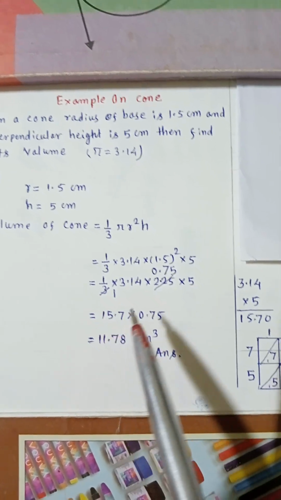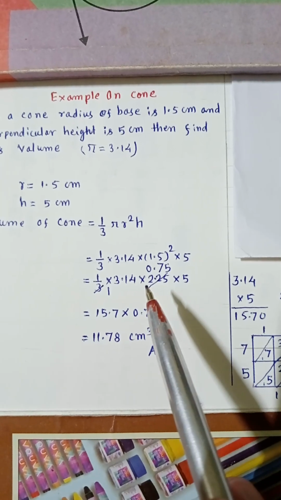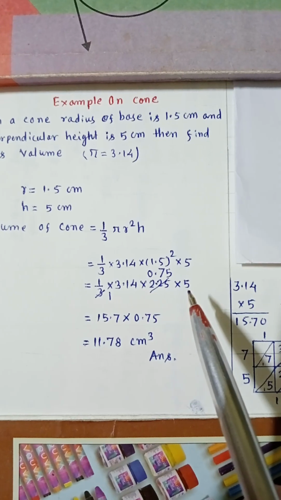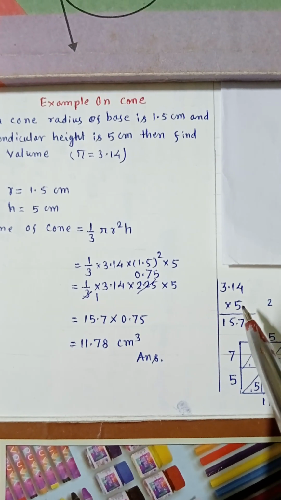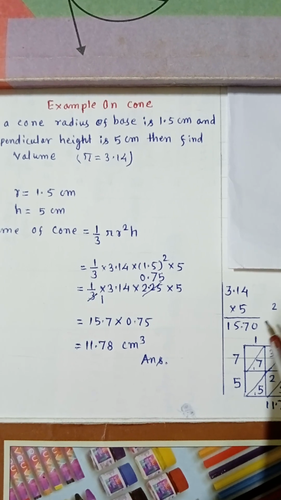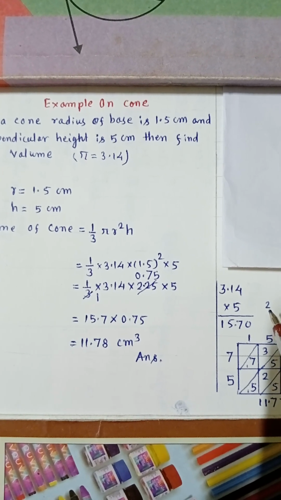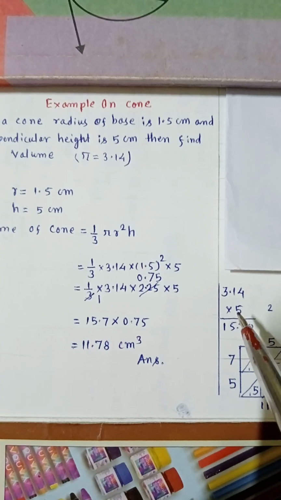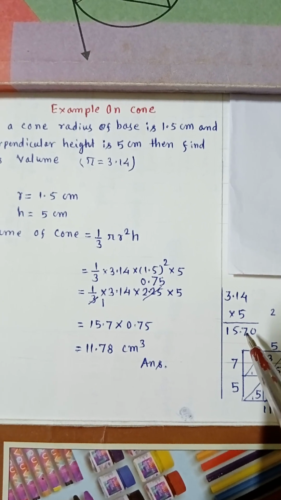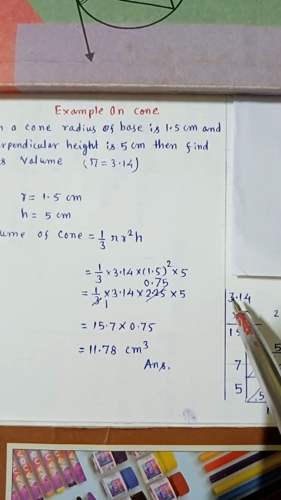We have to first do multiplication of 3.14 into 5. 5 4s are 20, 0, 2 carry, 5 ones are 5 plus 2, that is 7, 5 3s are 15.